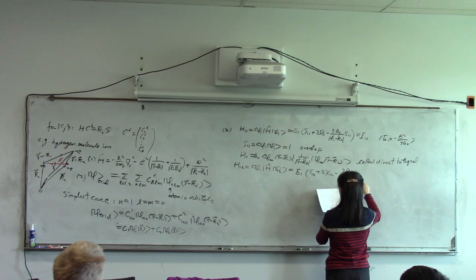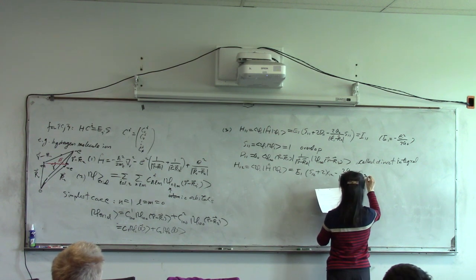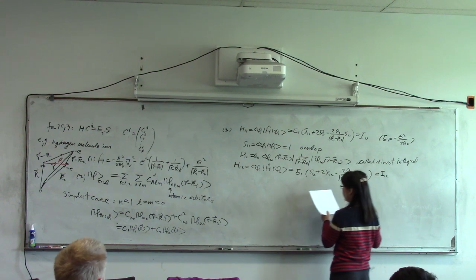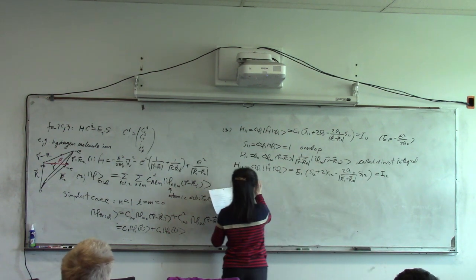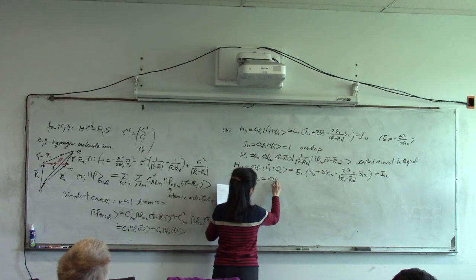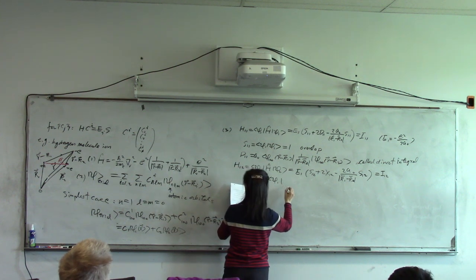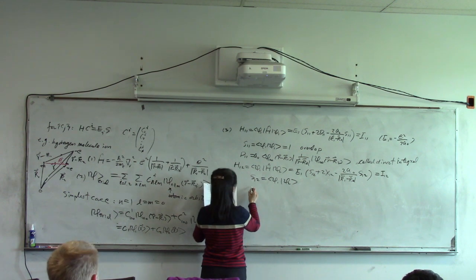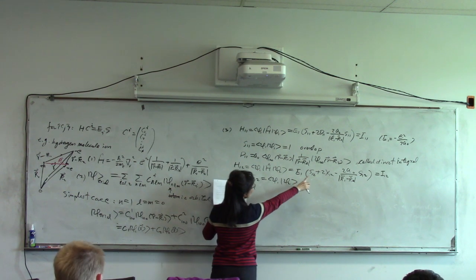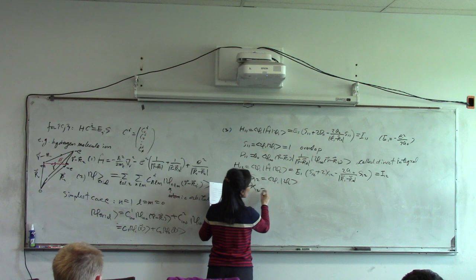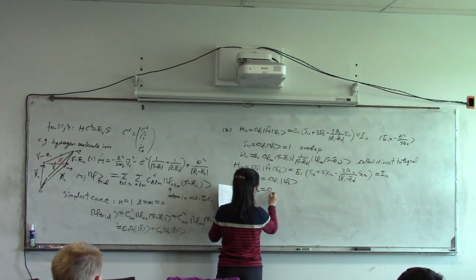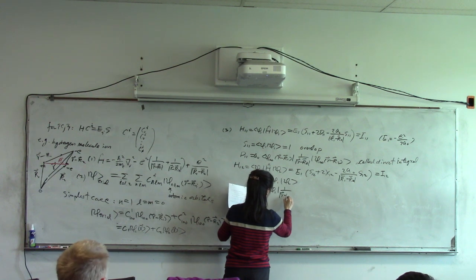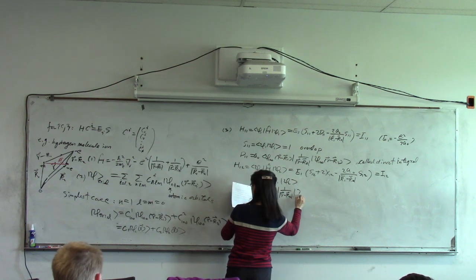Then here S12, which I give the name I12, is the overlap between psi1 and psi2. And in addition, we have X12 here. X12 is <psi1|1 over |r minus R2||psi2>.